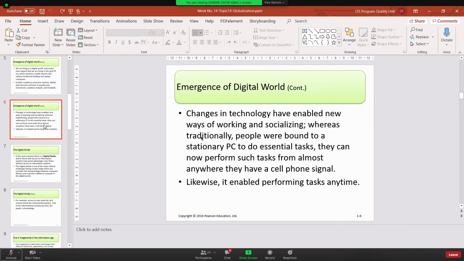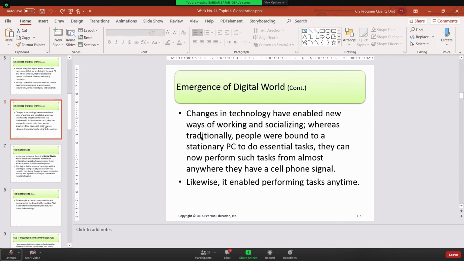I attended one meeting, and one guy was attending 3 meetings at the same time. 3 different meetings at the same time. Was it possible 10 years ago, 20 years ago? No. Never.